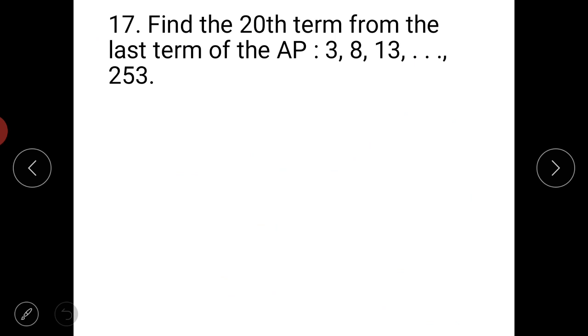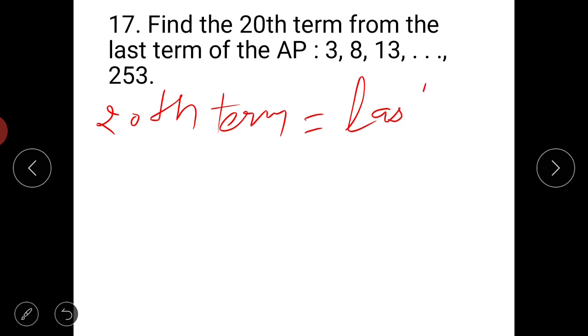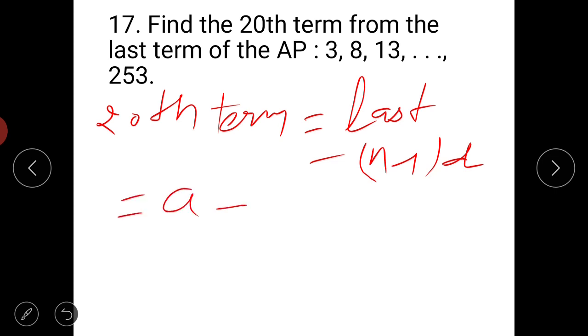The 20th term from the last means last term minus n minus 1 into d. One formula is this, and the second formula is a plus m minus n into d. Whatever your choice, you can apply it.